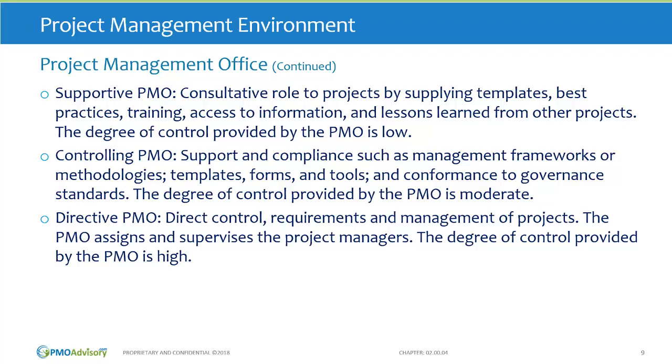In a directive PMO, the PMO has direct control over projects. So the PMO will assign, supervise, and manage project managers and projects. Here, the degree of control by the PMO is high.